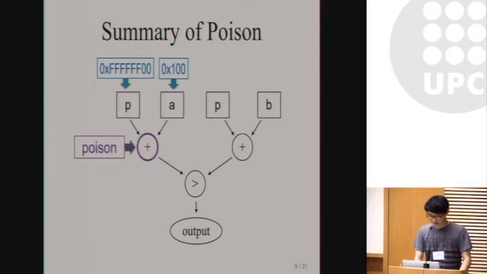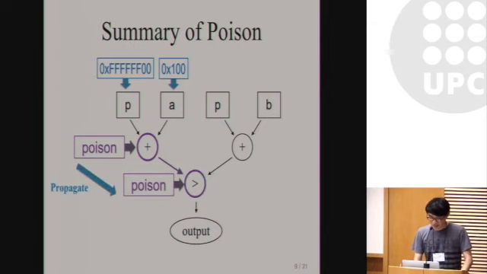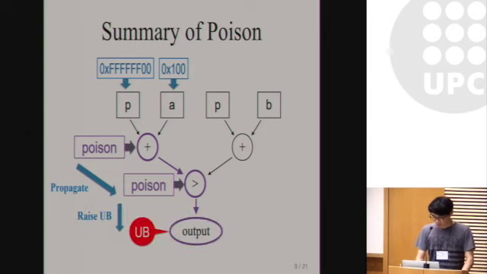For example, addition with overflow creates a poison value, and comparison propagates poison. And outputting poison raises undefined behavior. One important point here is that the semantics of each operation on poison is fixed. For example, comparison on poison always produces poison, while output on poison always raises undefined behavior.